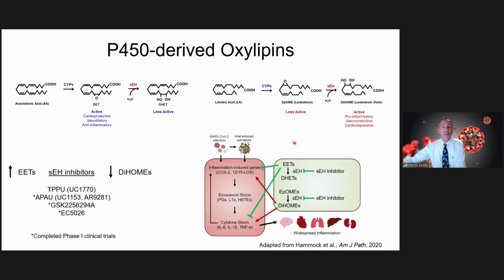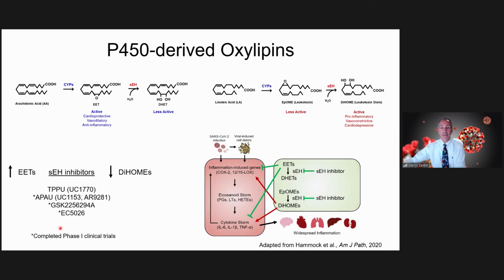So since SEH removes the anti-inflammatory EETs and produces pro-inflammatory DiHOMEs, SEH inhibitors have been proposed as a new class of anti-inflammatory drugs. Several SEH inhibitors have been developed, including the urea-based inhibitors TPPU and APAU, which were synthesized by Bruce Hammock, a drug from GlaxoSmithKline called GSK2256294A, and a drug from Icagen called EC5026.